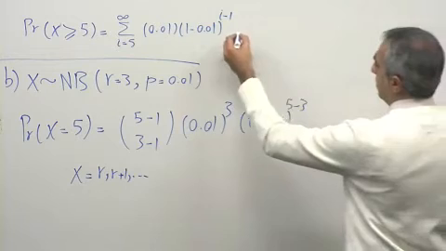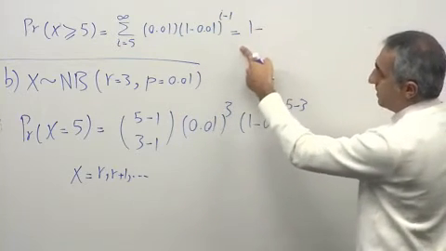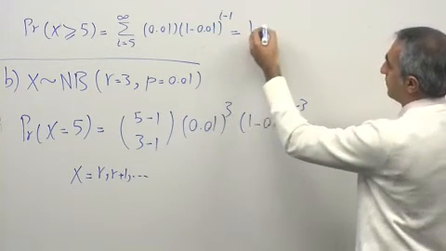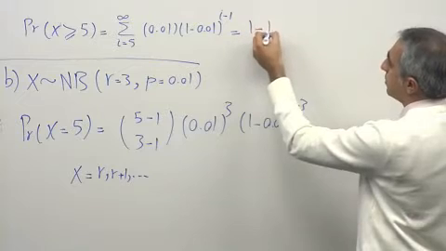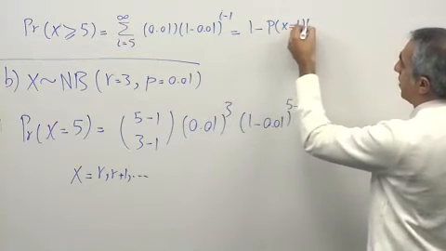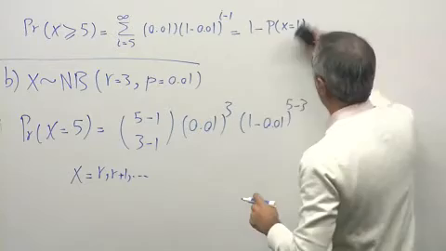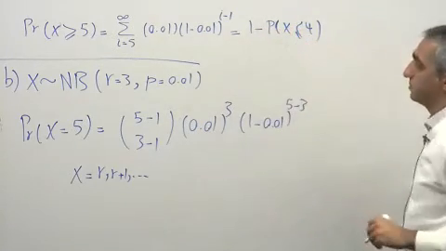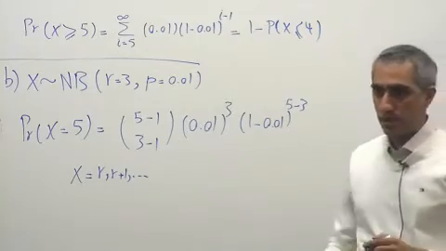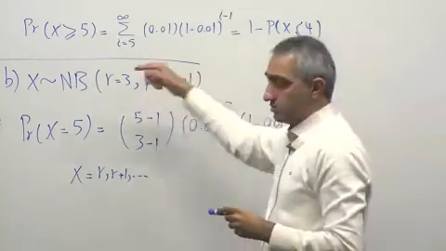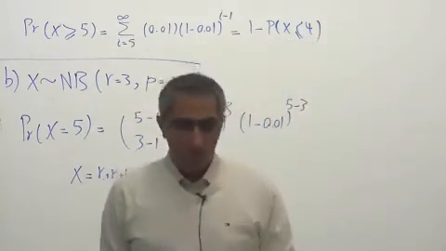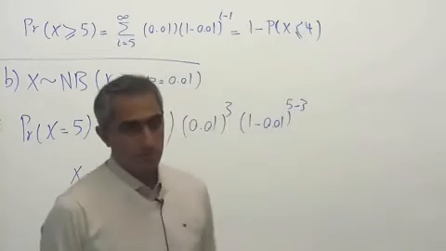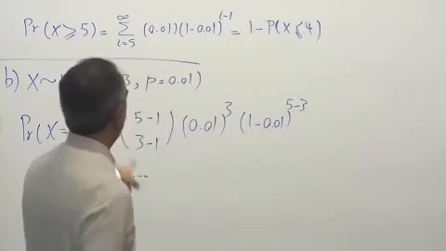So that's one way. Another way, again, is basically the complement probability, which is 1 minus the probability of X less than 5, or less than or equal to 4. That's easier to calculate. You just need to remember the geometric series from calculus, and then you can find this probability as well.